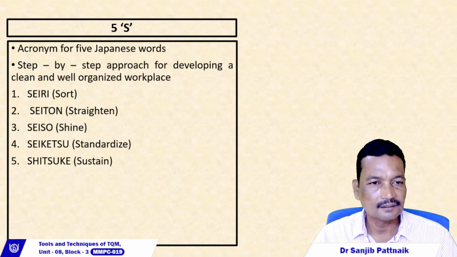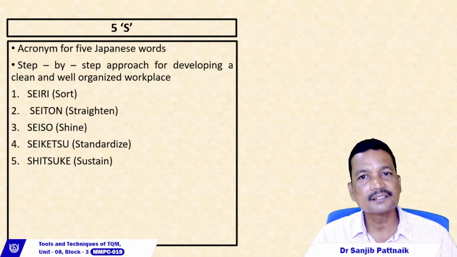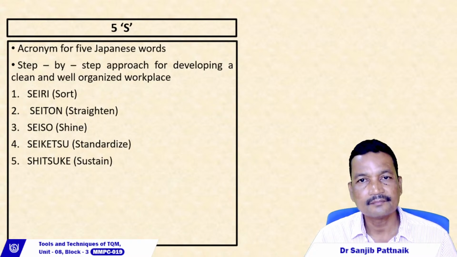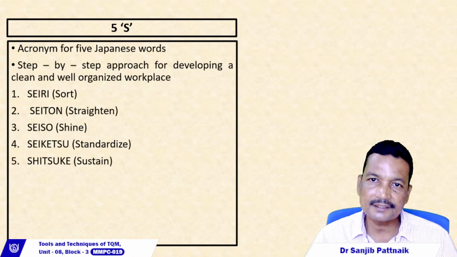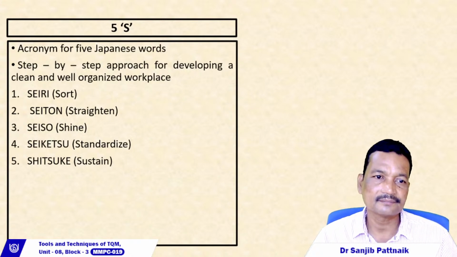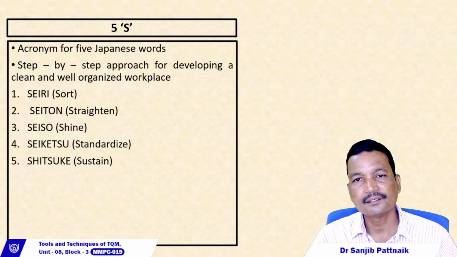Seiri means sorting out. Sorting out means try to segregate the productive activities and non-productive activities. Seiton means straighten.